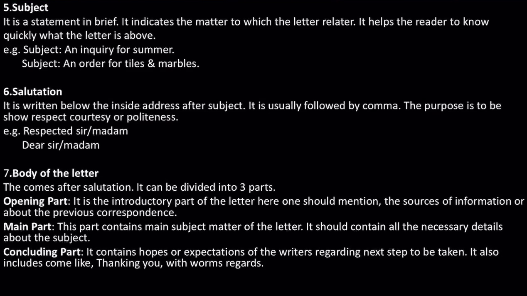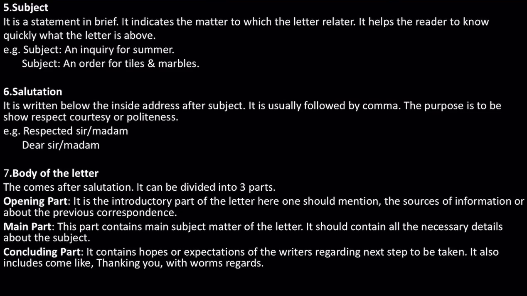The seventh point in the layout of a business letter is the body of the letter. This comes after the salutation and it can be divided into three parts. First is the opening part. It is the introductory part of the letter. Here one should mention the source of information or the previous correspondence. Then comes the main part.